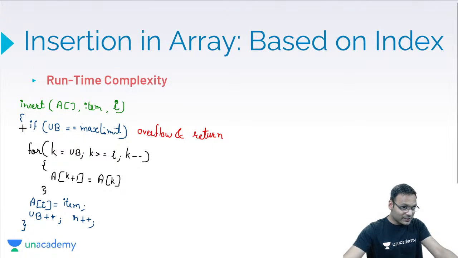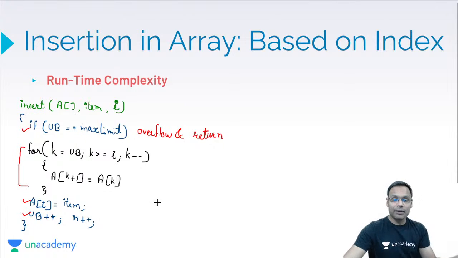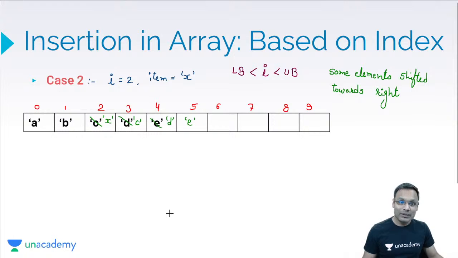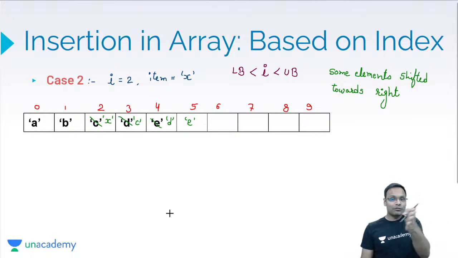Why? Because the rest is a constant operation. But if this loop runs for a larger time, then the complexity will be larger. If the loop doesn't run at all, then constant time complexity. So how many times the loop runs depends on I. If I is some middle value, the loop runs for some more time.